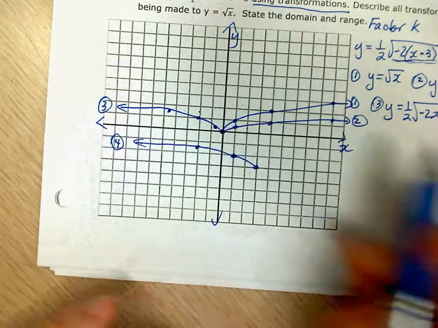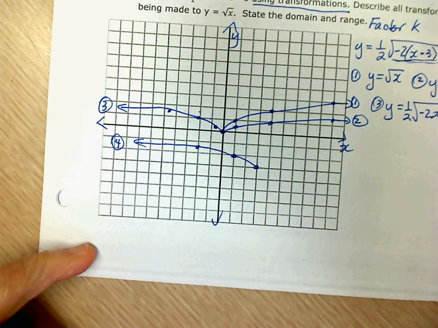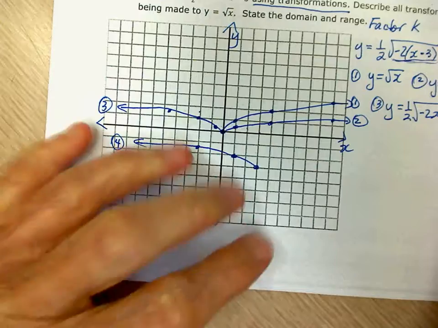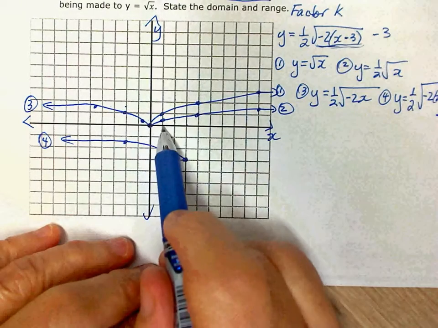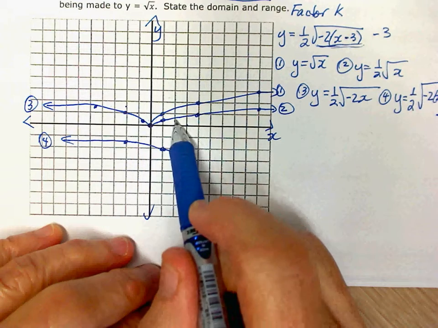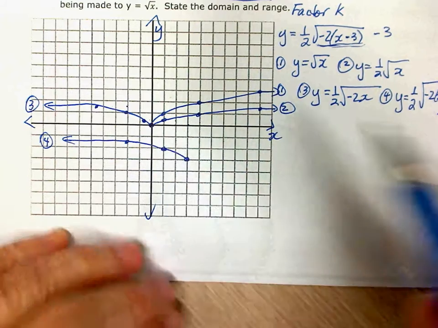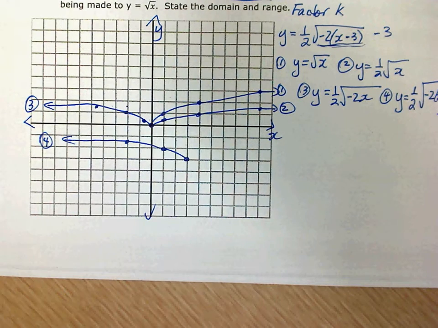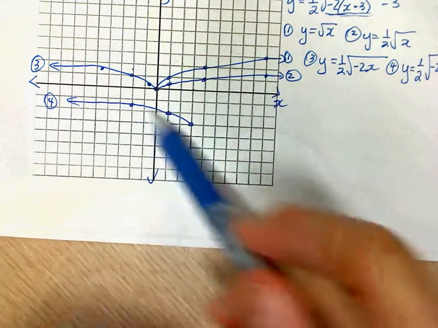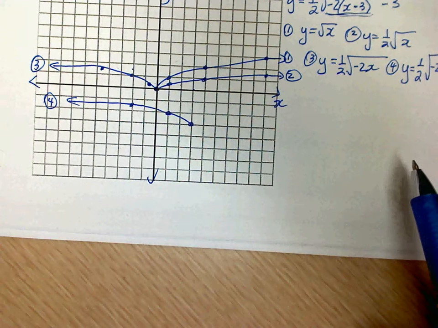I took graph 3 and I went left 3, down 3. Sorry, I went right 3, down 3. So you go 1, 2, 3, 1, 2, 3. So if it says graph using transformations, you have to do that, okay? Are we good?